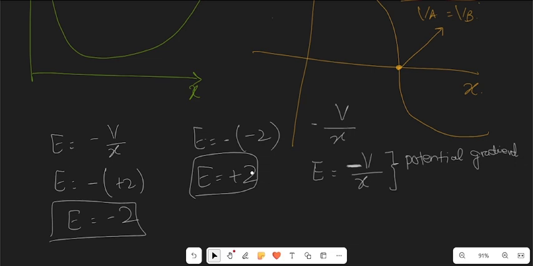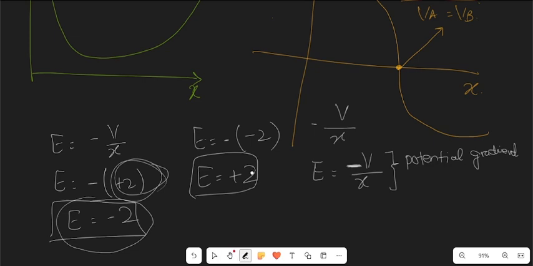So the point here is that the gradient of V over x gives the electric field strength with an opposite sign. That means if the gradient is positive, the electric field strength is negative. If the gradient is negative, the electric field strength is positive.